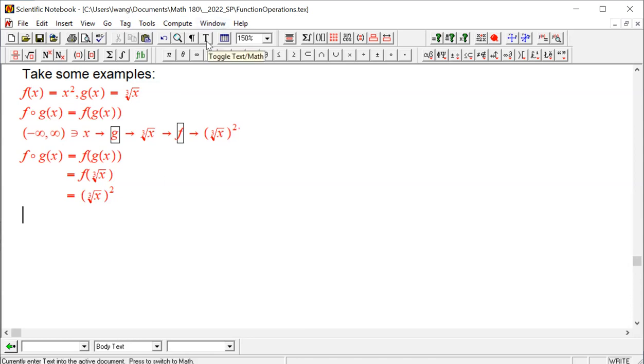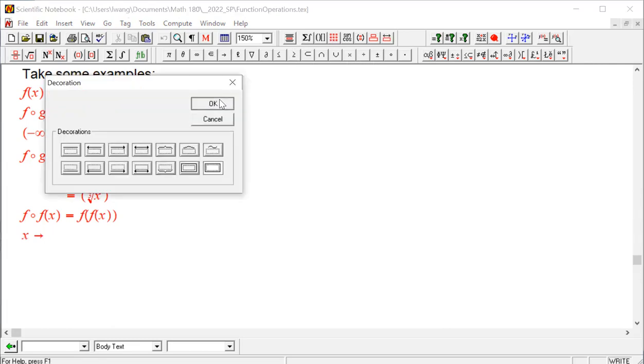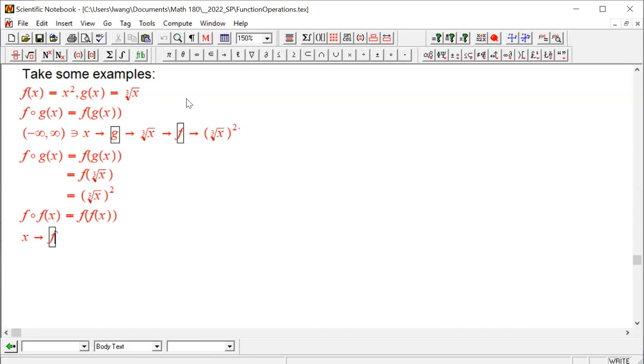So let's see what do we do? What if we do F composite F? I'm sure you guys have learned this before. So F composite F, that will be F of F of x. What is this process? You have input, give it to F, given the rule of F, it produces an output, which is F of x.